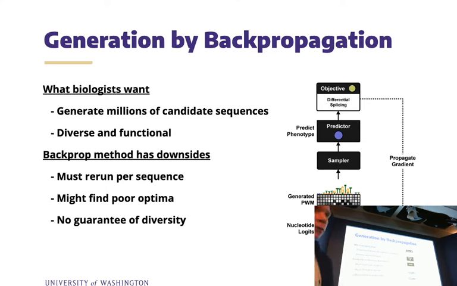Now, if you want to do that for 1 million sequence candidates, you're going to have a lot of computation ahead of you. And also in some optimization runs, you may run into a poor local optimum due to the random initialization of the matrix and get a poor sequence out in the end. Finally, you're running this optimization scheme independently for every sequence you want to generate, which means there's no guarantee at all that you're going to end up with a diverse set of sequences in the end.